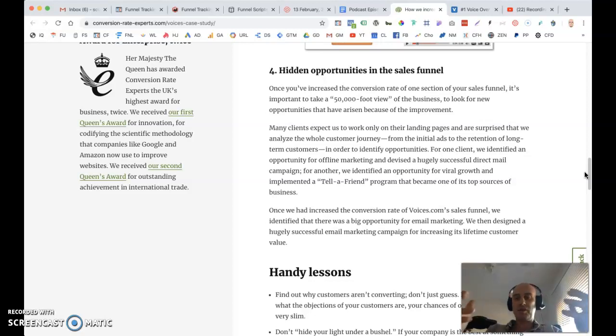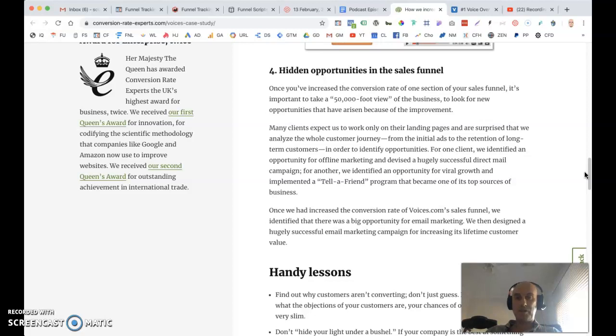So now that you've already increased the conversion rate, how can you now build on that to take it even further? And they're also saying that many clients expect us to only work on their landing pages, and they're surprised that we analyse the whole customer journey from the initial ad to the retention of long-term customers. So that's the entire customer journey from start to finish, basically, in order to identify opportunities.